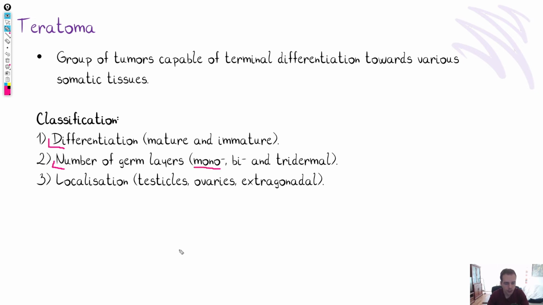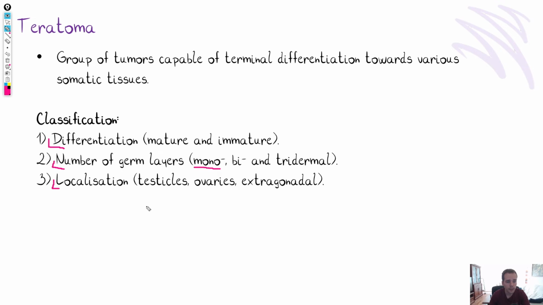And if there are tissues from multiple layers, we call it bi- or tridermal teratoma. Usually, we will find ectodermal tissue. It's the most common type of tissue in teratomas. So usually you will see skin, epidermis, and skin appendages. Sometimes that can be even neural tissue.